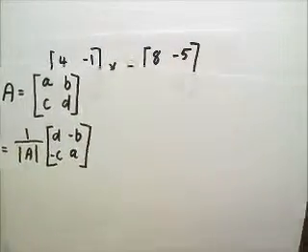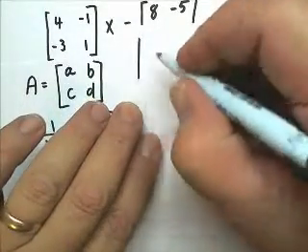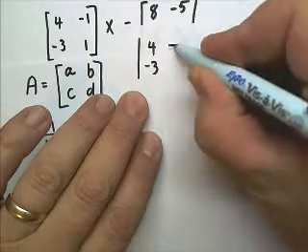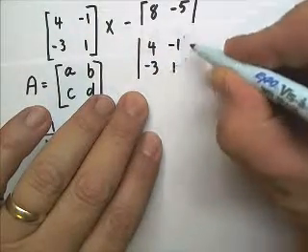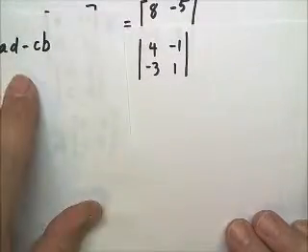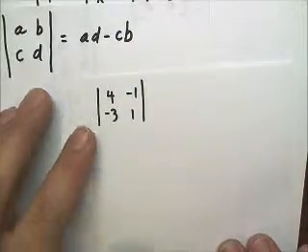So we'll start out with, well, I guess the first thing is figure out the determinant of this matrix. And the determinant of a 2x2 matrix is AD take away CB.